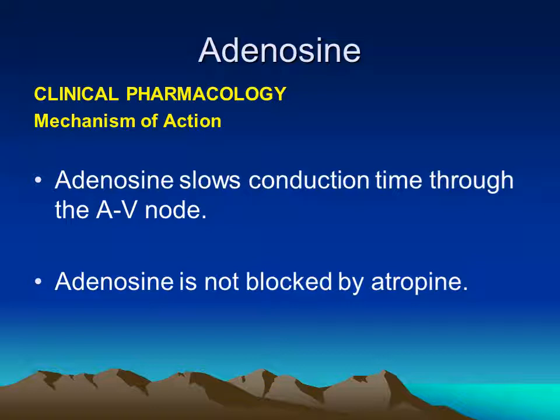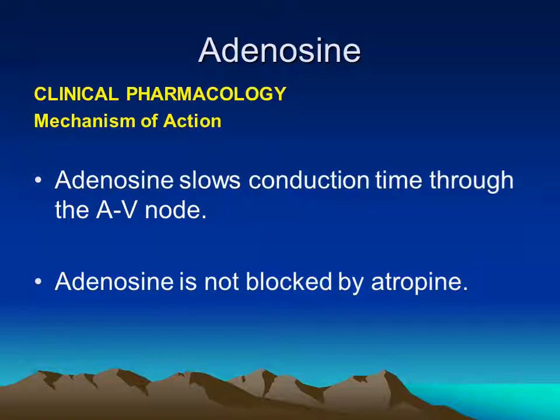Adenosine slows conduction time through the AV node, can interrupt the re-entry pathways through the AV node, and can restore normal sinus rhythm in patients with paroxysmal supraventricular tachycardia, including PSVT associated with Wolff-Parkinson-White syndrome. Adenosine is antagonized competitively by methylxanthines such as caffeine and theophylline, and potentiated by blockers of nucleoside transport.